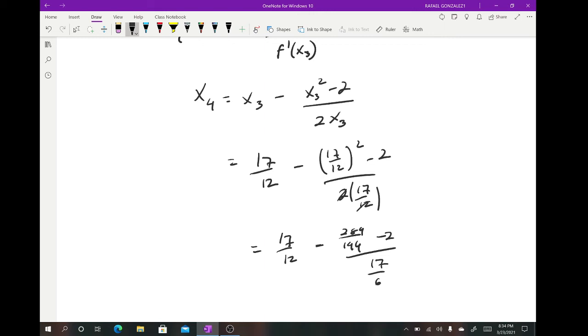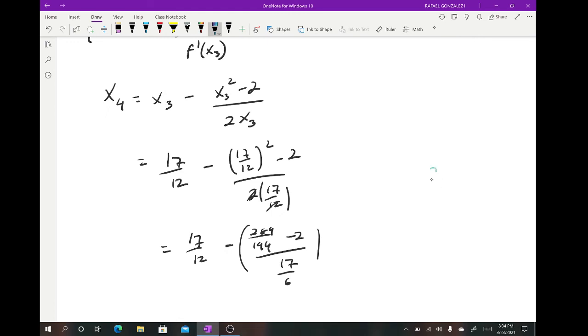Now, what I do like to do is to combine the numerator. So I'll combine 289 over 144 minus 2. So let's do that on the side. So it's going to be 289 over 144 minus 2 times 144 over 144.